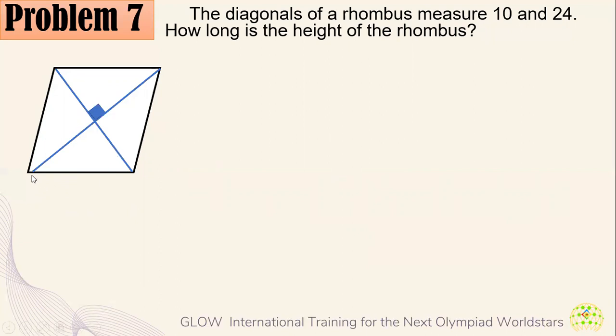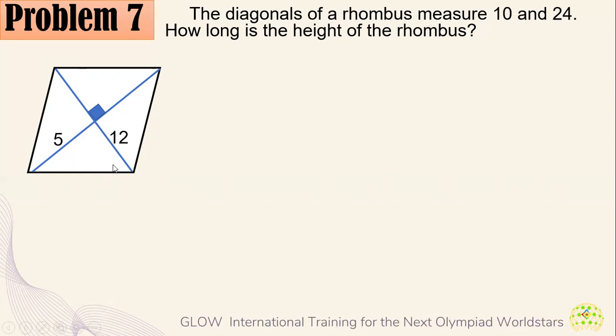So let's say this one is the longer one. If this is 10, take note, this figure is not drawn to scale. So if this is 10, and this is 24, then 10 divided by 2, we have here 5, 5. 24 divided by 2, this should be 12, and the other one is also 12.